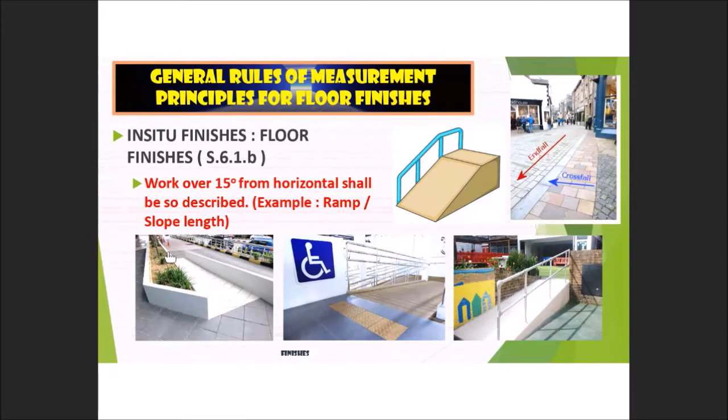This ramp is measured under floor finishes, but you have to check on the category whether it is over 15 degrees or not exceeding 15 degrees. These are the examples. If you have the cross fall maybe outside the building, this is also the category, because sometimes the cross fall is more than 15 degrees from horizontal.